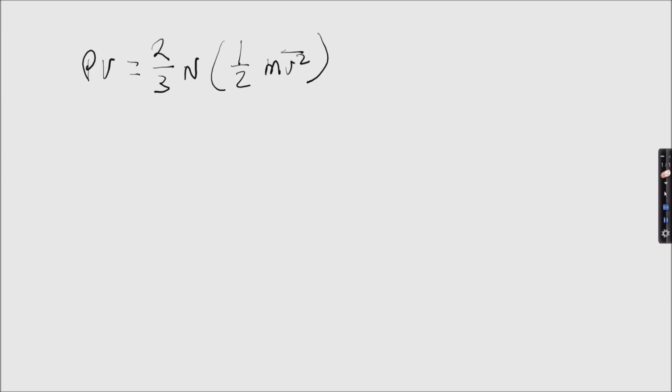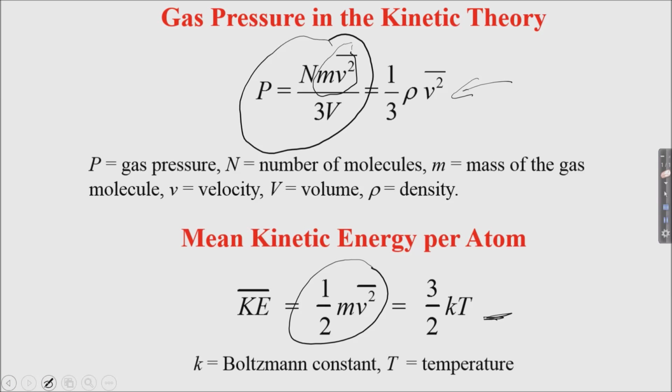Okay, so we're almost there. So now we go back to the mean kinetic energy per atom. So that's described by 1/2 mv squared, and this is equal to 3/2 kT.